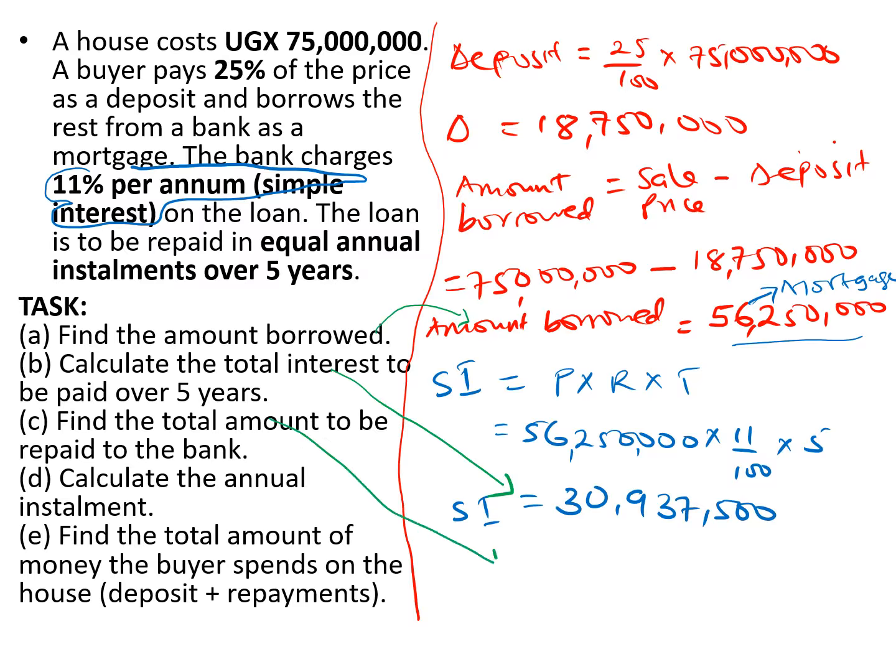Then the total amount to be repaid to the bank. Under simple interest, amount is equal to principal plus simple interest.